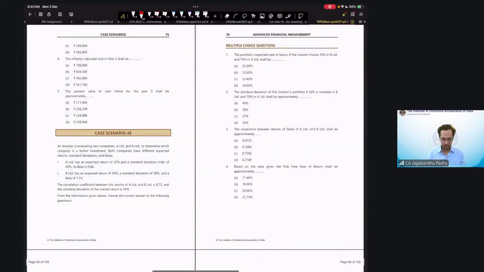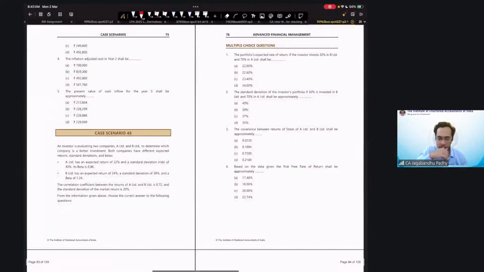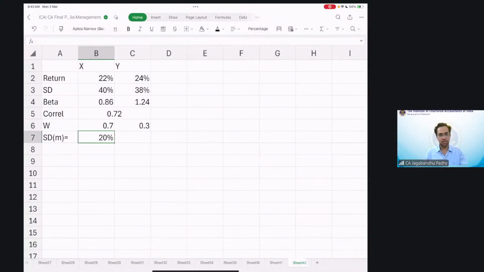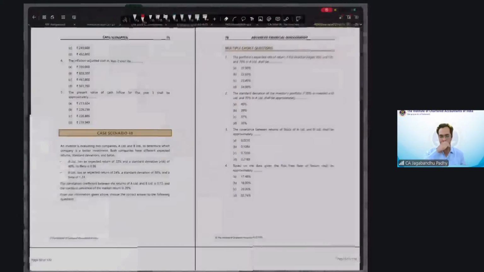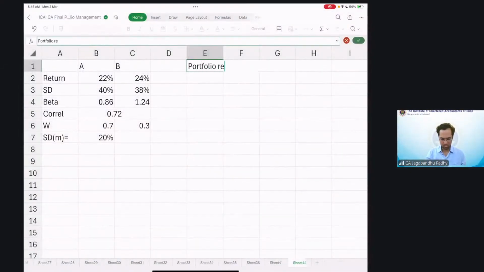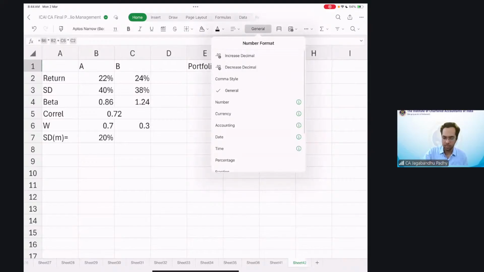Then we have the portfolio return. The portfolio return will be weight of A into return of A plus weight of B into return of B, which is 22.6%.